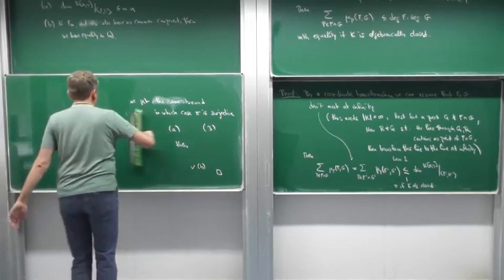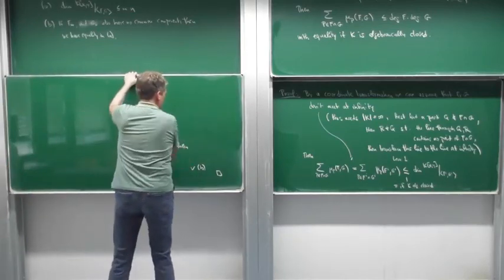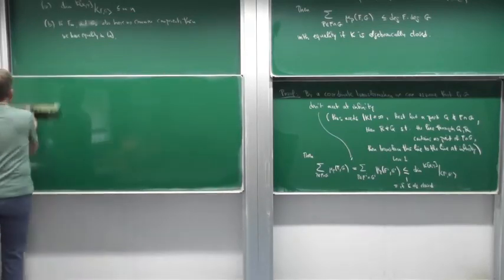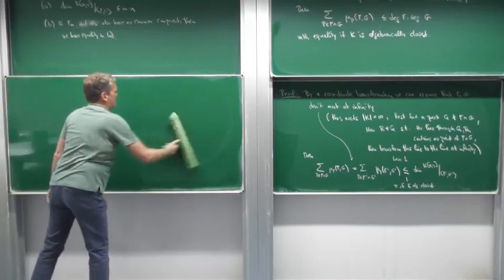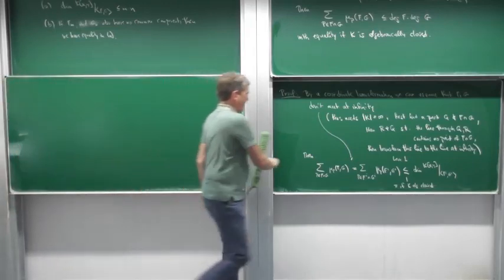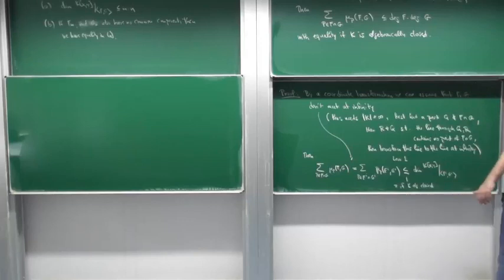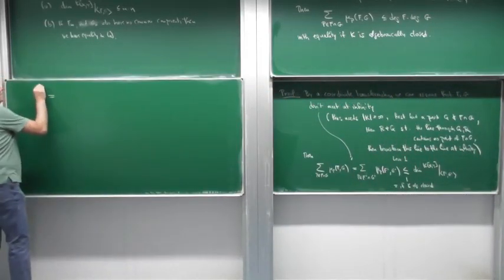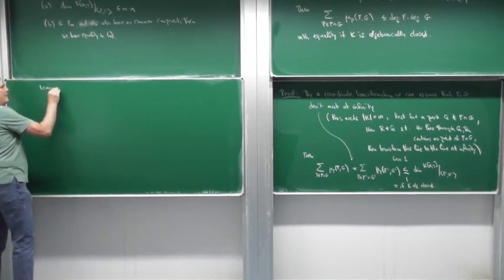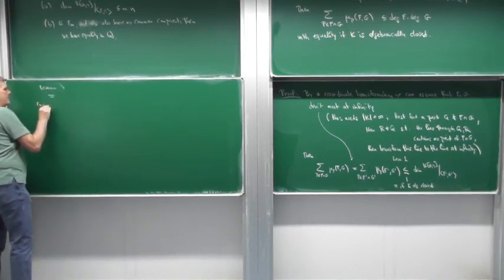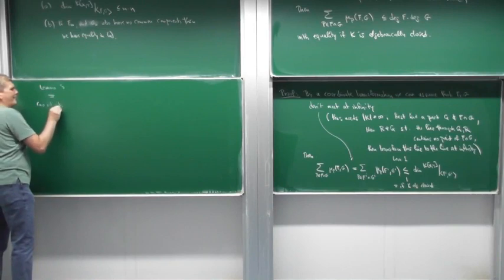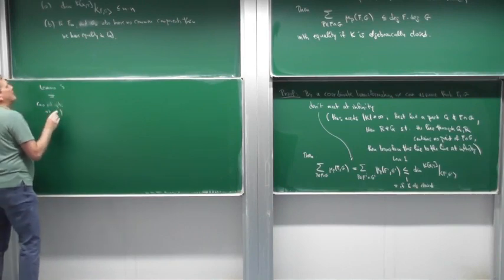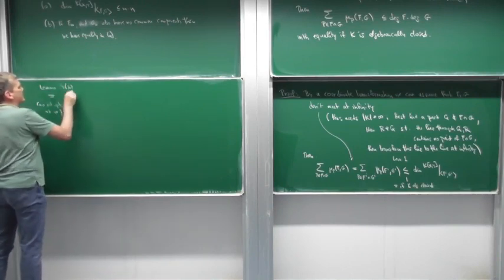So I'm just finished in a minute. So this is equal now by lemma 3, as there are no intersection points at infinity. We're actually in the case B, so lemma 3b.